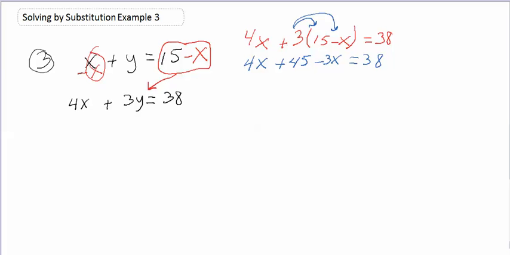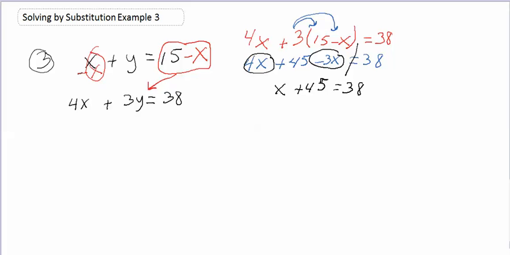Okay, still not finished. I need to combine like terms. On this side I have a negative 3x, and I also have a positive 4x, so I need to put my x's together because they're on the same side of the equal sign. So 4 minus 3 is 1, so I have 1x plus 45 is equal to 38.